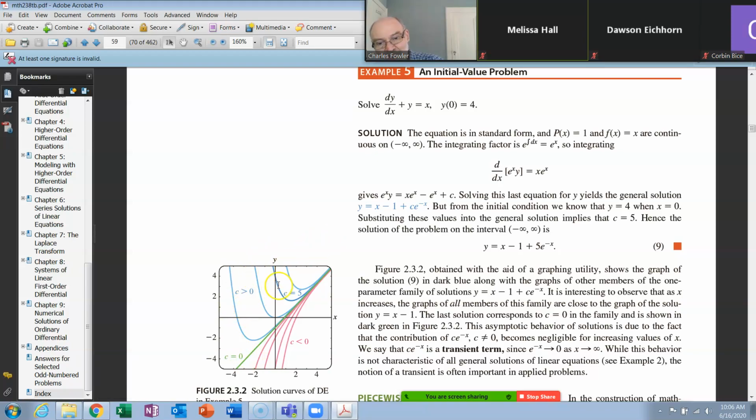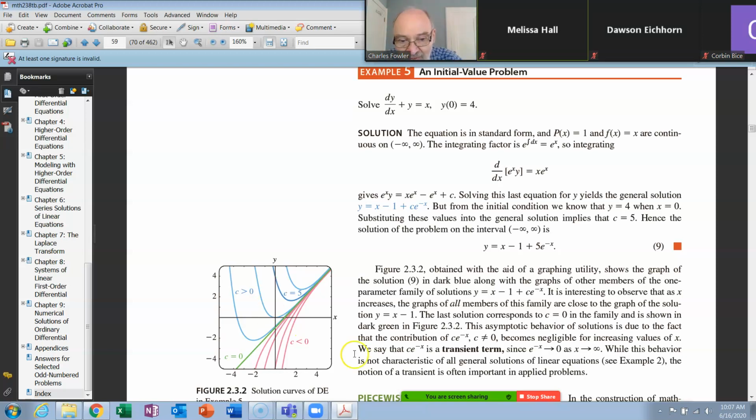And our c happened to be 5 because when x equals 0, y was 4. They did put their scale there. That doesn't look like it's quite in the right place, but it's pretty close. So there is the one and only one solution with the initial value on it.